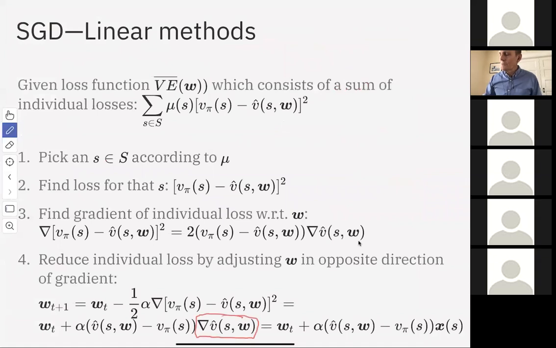This is the same slide we had before as far as finding the individual losses. We're going to replace this with x of s.